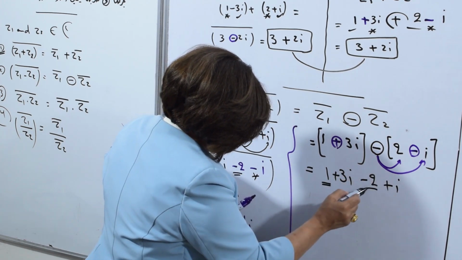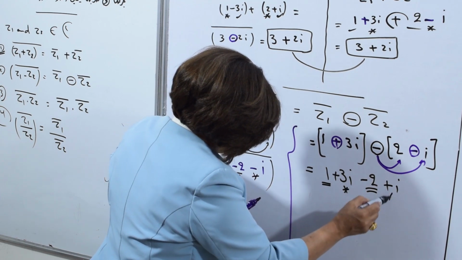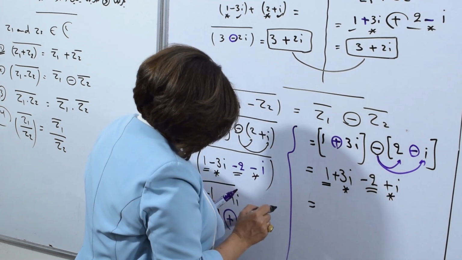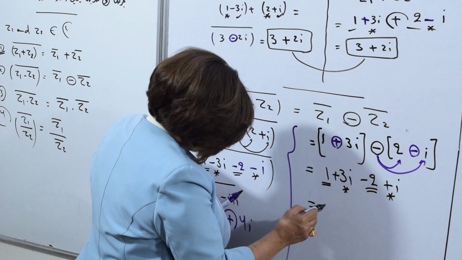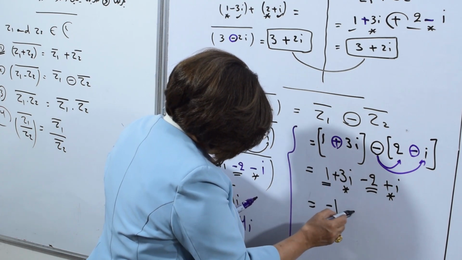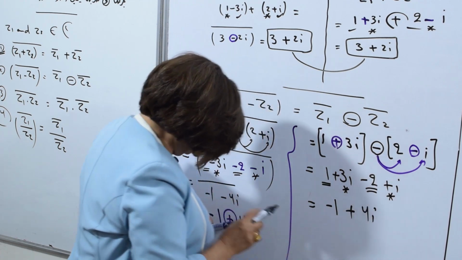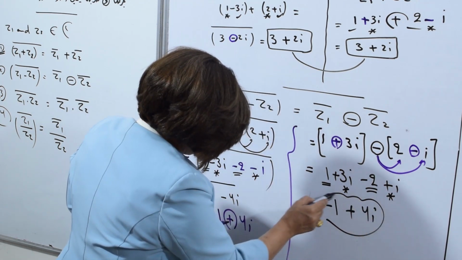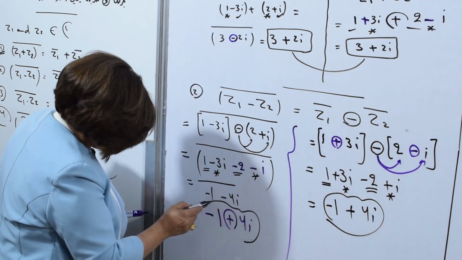Real with real part, imaginary with imaginary, in addition, بالجمع: 1 minus 2 gives negative 1, positive 3 with positive 1 gives positive 4i. You see, it is the same result. أنت تشوف نفس النتيجة.